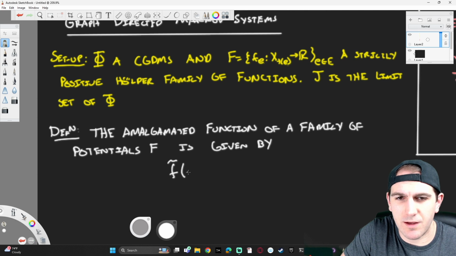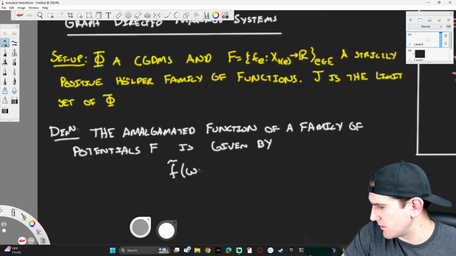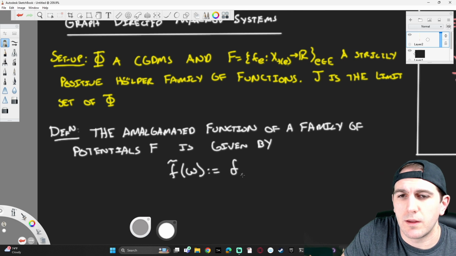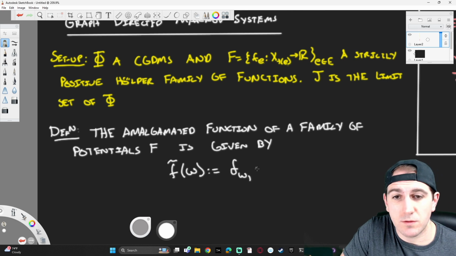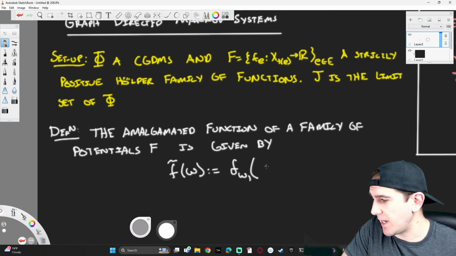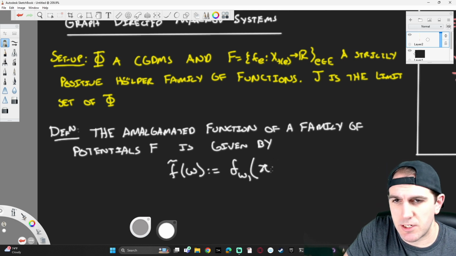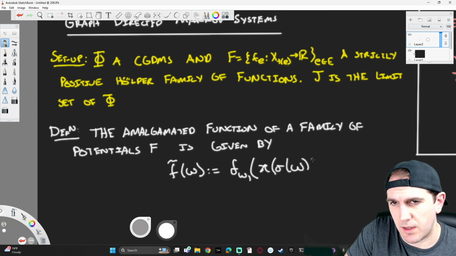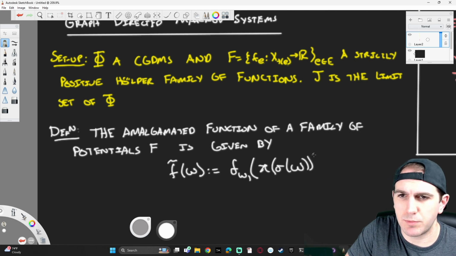So F tilde of omega is by definition equal to the first symbol in omega's corresponding function in the family evaluated at the realization of the shift of the original symbolic representation that you plugged in.